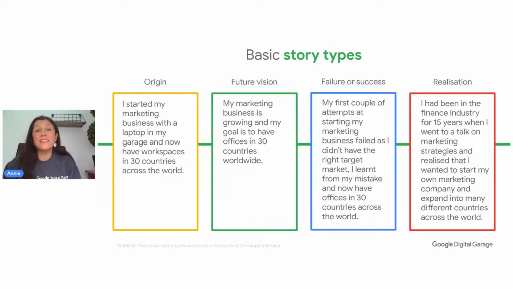Another is failed and success stories. Well, we all know, I think by now, that life is not just one easy ride to the top. There's very much an up and down, highs and lows, and the failures are as important as the successes. And again, it brings us into that kind of narrative that makes sense to us because we've all tried and failed before we've succeeded.